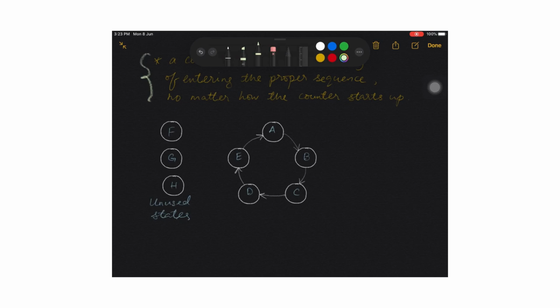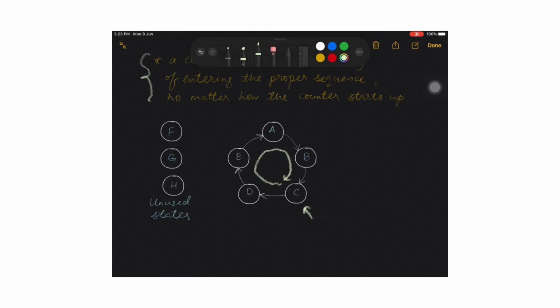If the initial state is one of the used states, you don't have to worry because the system already enters the correct counting sequence. For example, if the initial state is state C, then it will go through the correct sequence, C, D, E, A, B, C, D, E, and so on.